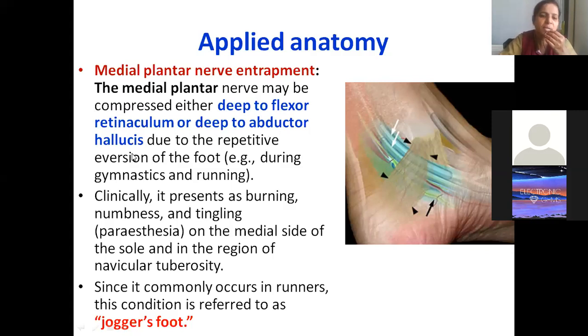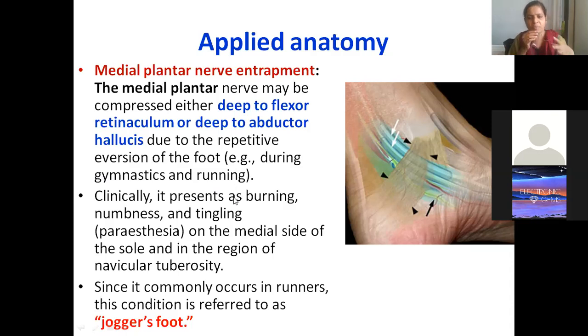The first is important, caused by repetitive eversion. Inversion, I told you, suppose this is the sole, it is pointing towards midline, it is inversion. When the sole is facing outwards, you call it eversion. Repeated eversions we generally see in gymnastics and running. In such people, there may be a risk of this nerve getting compressed.